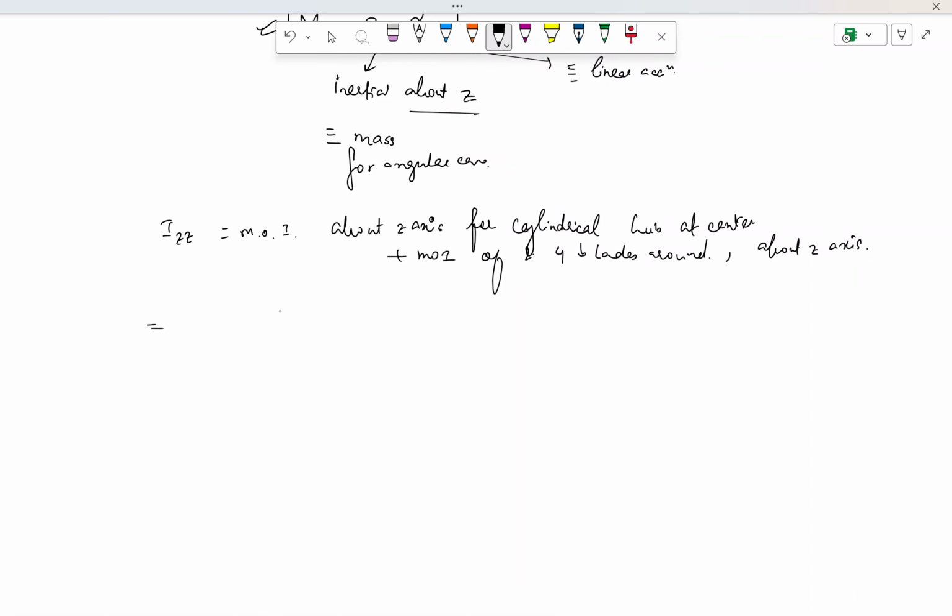So for the cylinder, the inertia about the axis of rotation is just half m r square.